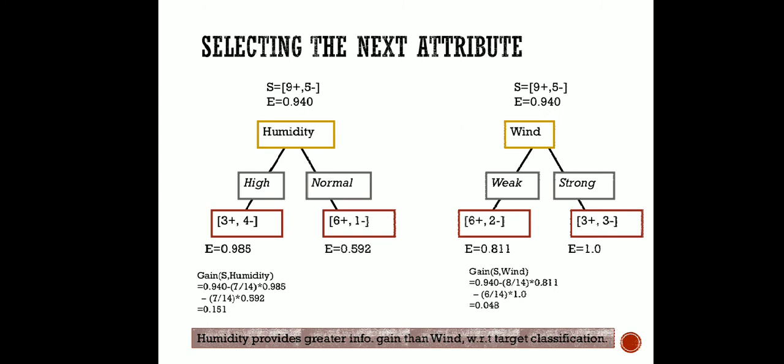These are the two choices of humidity. Whenever you learn this, keep the table open, because if I have plugged the table here, I cannot build a tree. So I have not kept the table here. Whenever my humidity is high, the chance of playing tennis is 3, not playing tennis is 4. When it is normal, playing is 6 and not playing is 1. Clear?